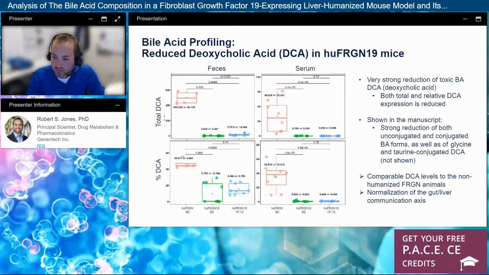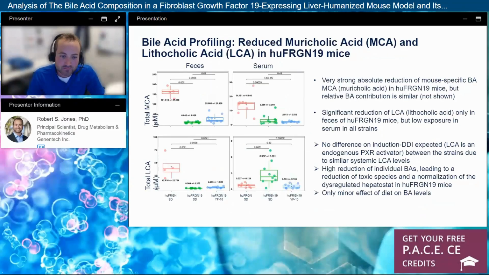In addition, the comparable DCA levels to non-humanized FRGN animals, this was actually another finding. And lastly, I think this confirms that we are seeing a normalization of this gut-liver communication axis, which is what we intended to do when we incorporated this human FGF19 globally.